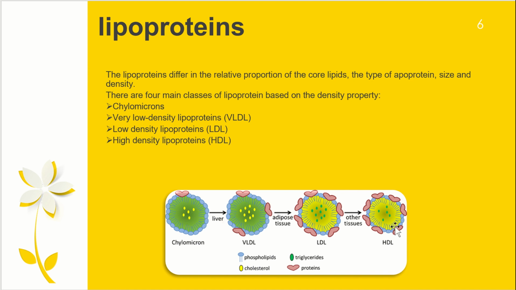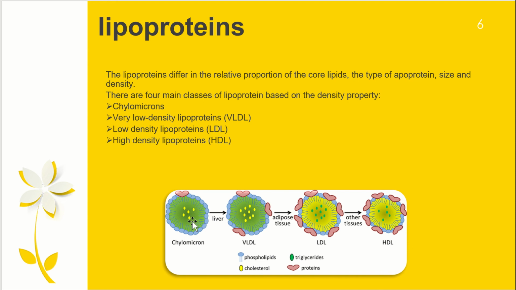Clearly for HDL, we have a lot of cholesterol and less triglycerides, as opposed to our chylomicron, which has a lot of triglycerides and very small amounts of cholesterol, relatively speaking.